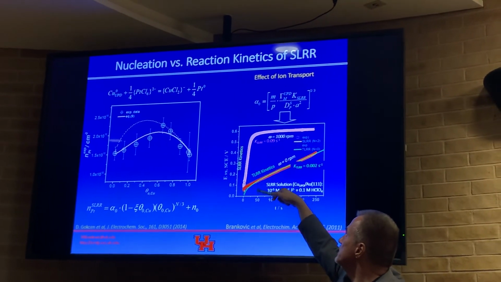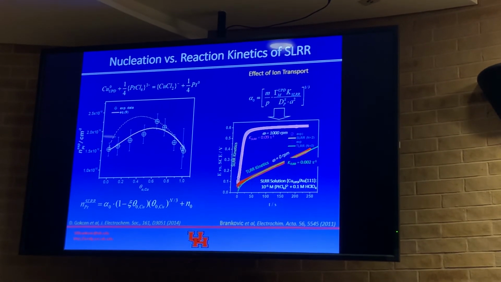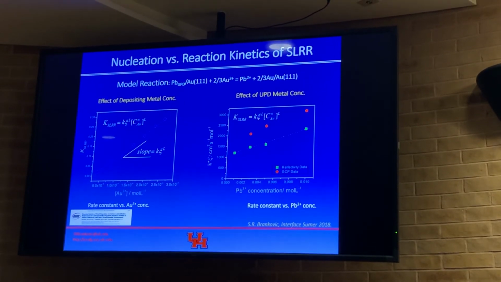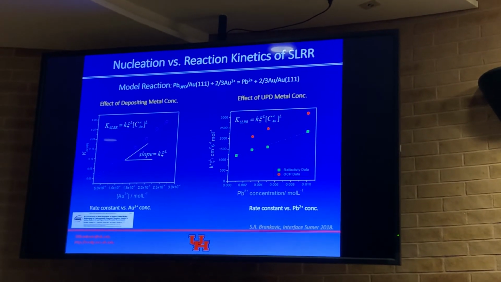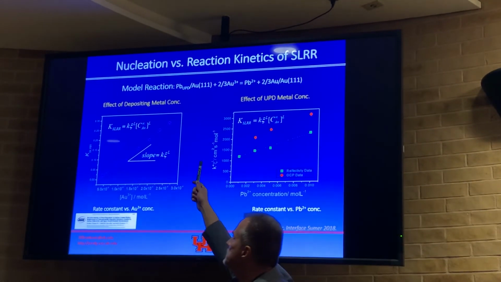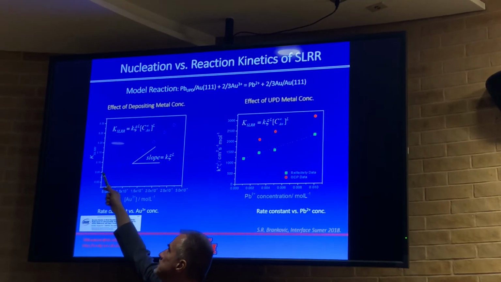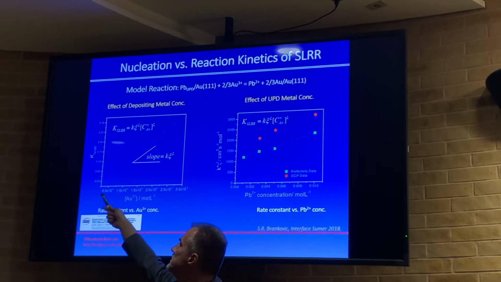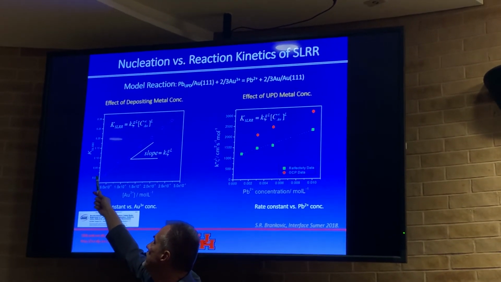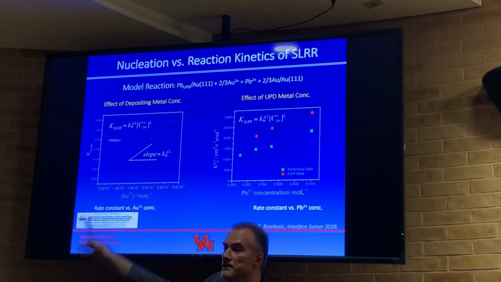Here at 1000 RPM, there is no mixing rate effect. This, for example, is fairly easy to do. Here is an interesting plot showing that if I keep changing the concentration of gold in the deposition, here's the rate constant, and you can see that by just increasing the concentration of gold, I can change the rate constant from about 0.025 to 0.25, which is about 10 times.